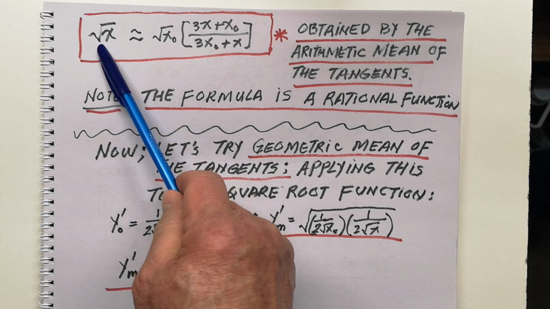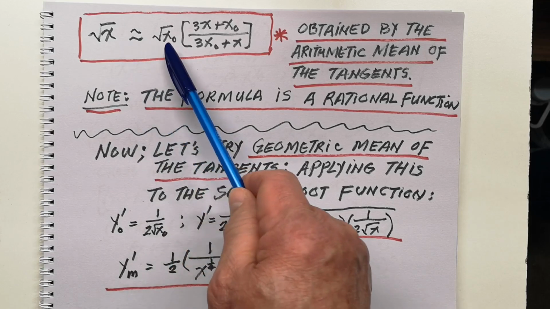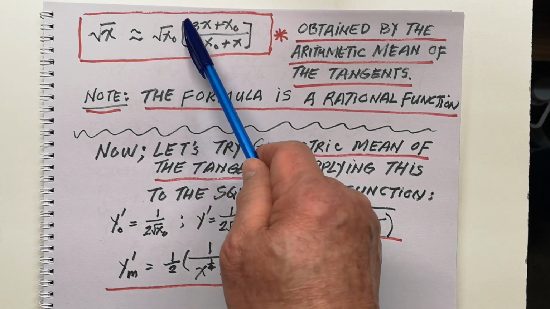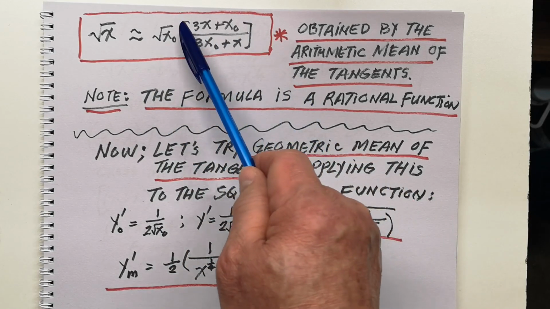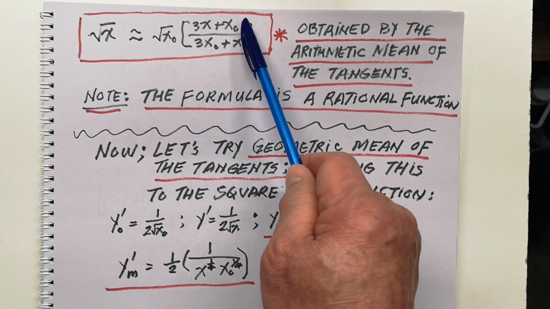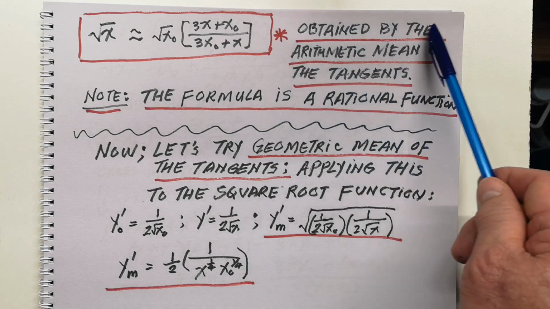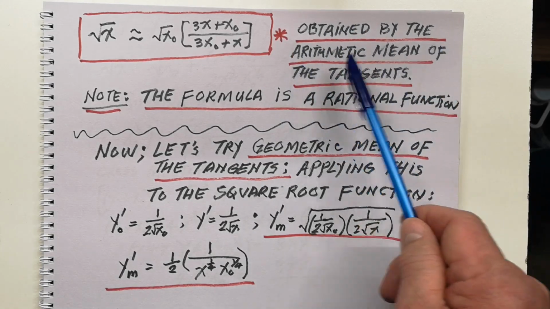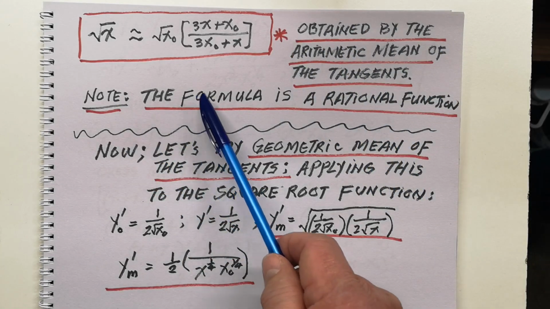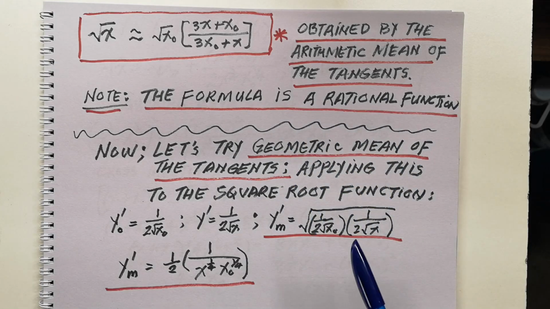Therefore, square root of x is approximately equal to square root of xo multiplied by (3x plus xo) divided by (3xo plus x), obtained by the arithmetic mean of the tangents. Note, the formula is a rational function.